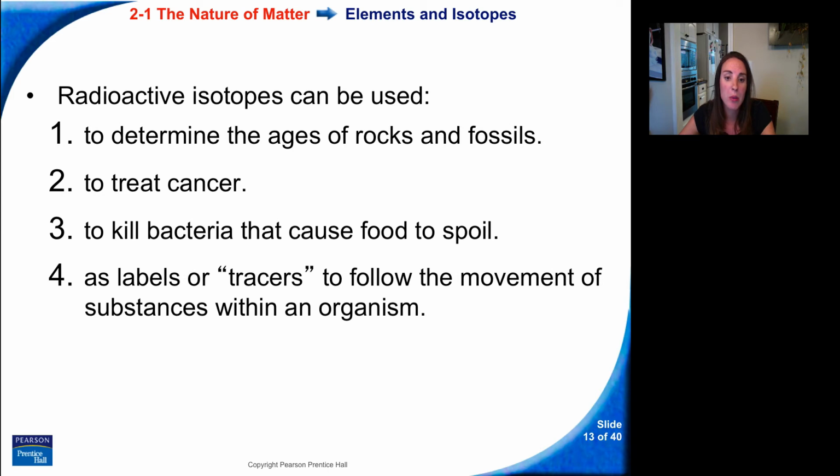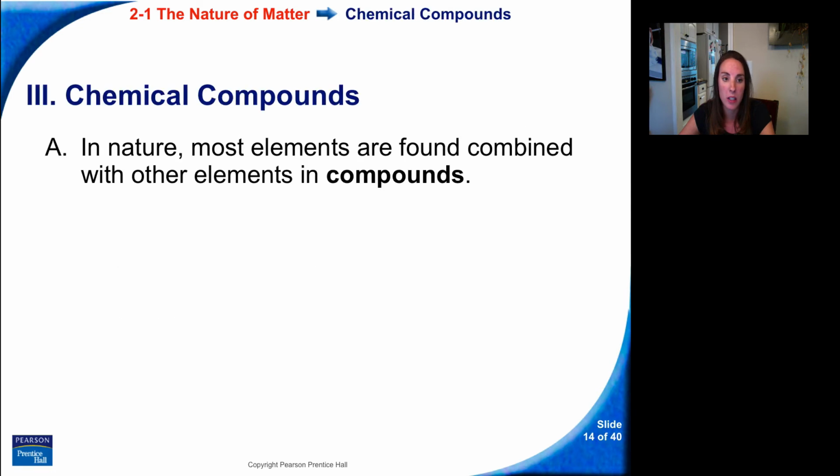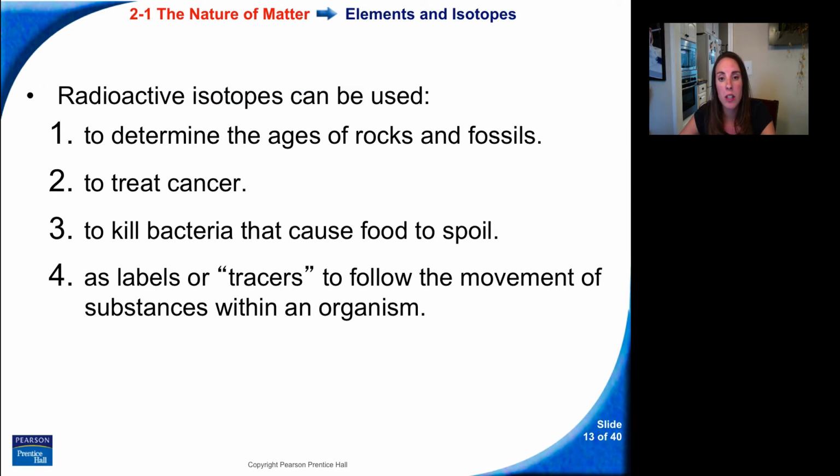They're used as labels or tracers to follow the movement of substances within an organism. So one of the professions you can go into is a radioactive isotope tech, where you basically administer the tracers or the radioactive isotopes into the patient.